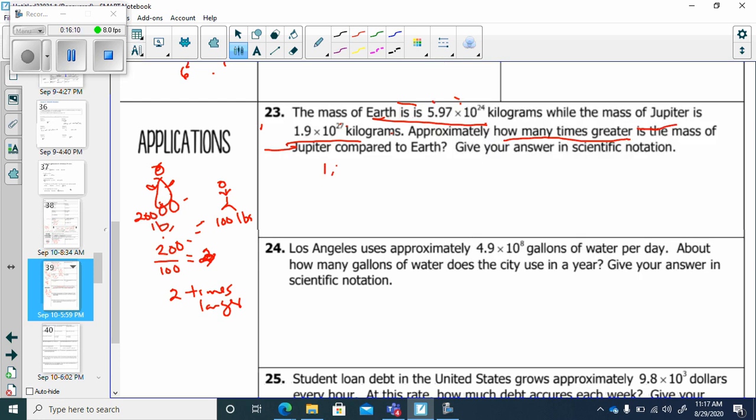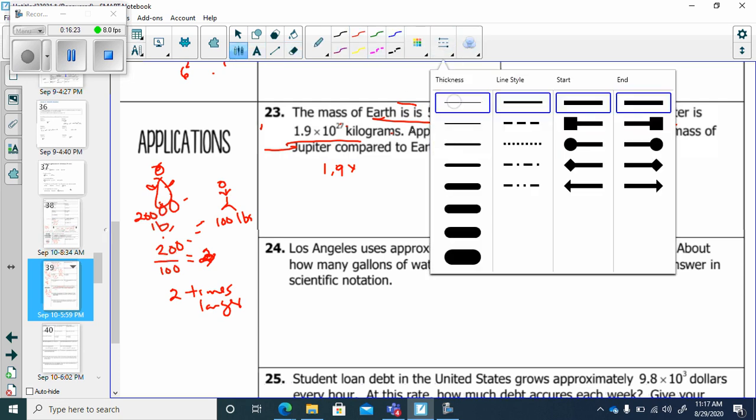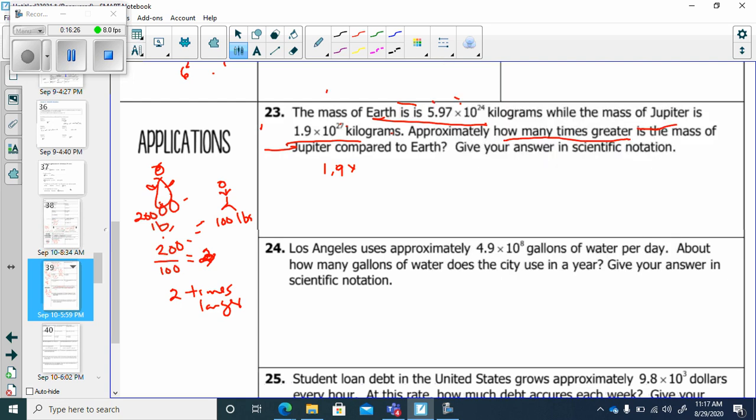Jupiter is 1.9 times 10 to the 27th. We divide that by the Earth, 5.97 times 10 to the 24th, okay?